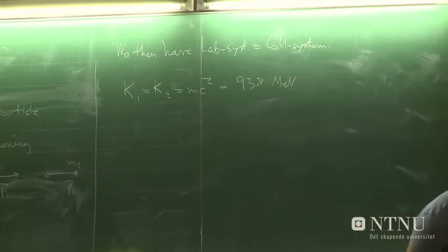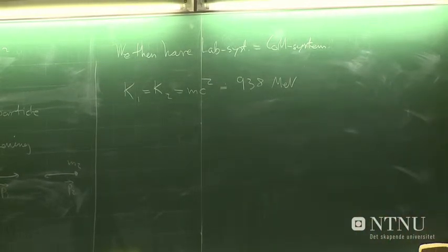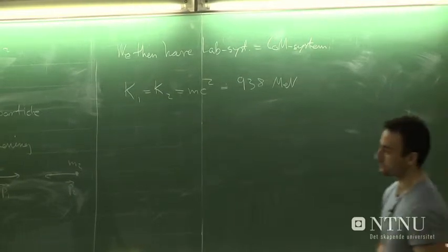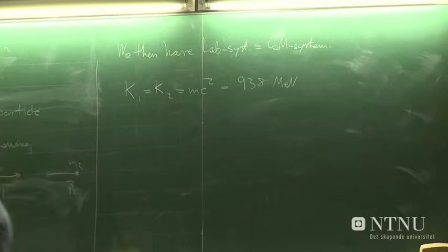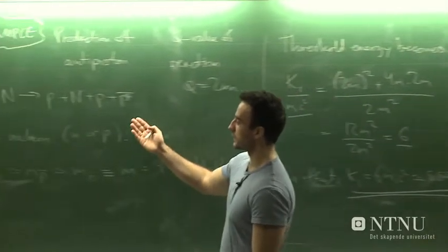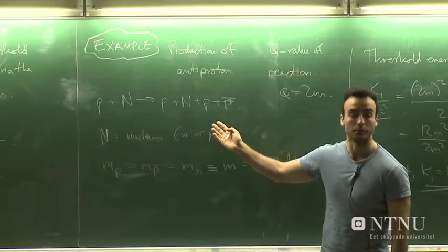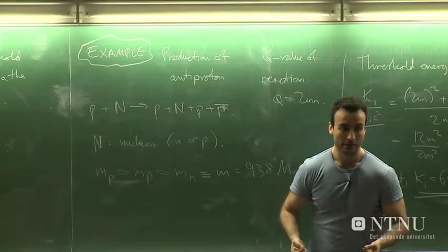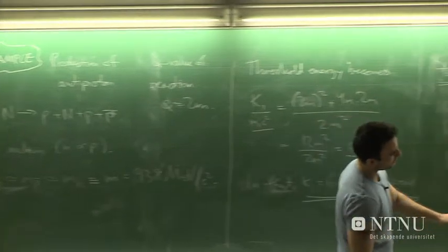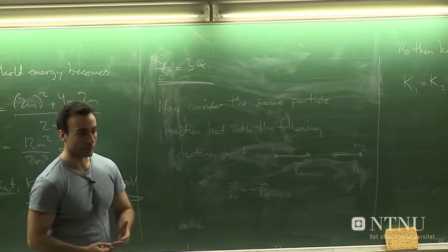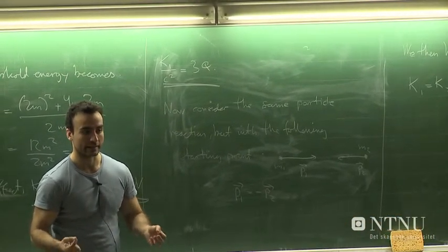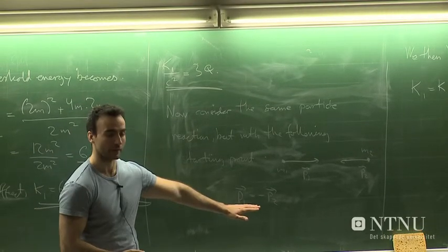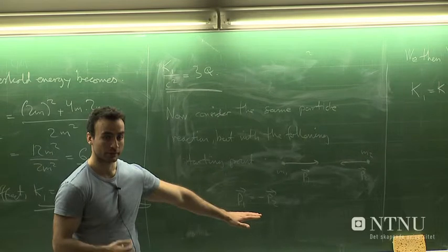So the total available energy before the collision is 4mc squared, which is precisely the minimum energy required in order to produce all of these particles, having them at rest. So in other words, in this scenario, we are utilizing the available kinetic energy with maximum efficiency. We're converting all of the available kinetic energy to rest energy.